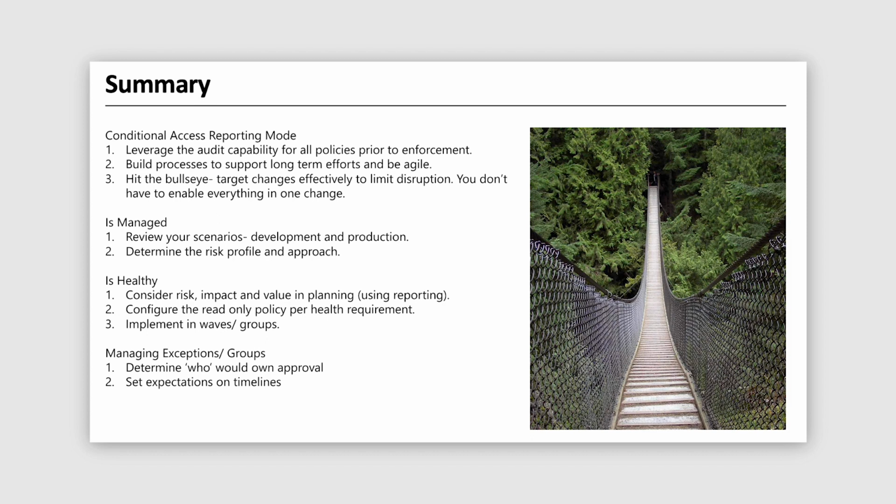When you're looking at is healthy, just a couple things. Look at the risk value of where you're going. We talked about configuring that read-only policy, but for each individual health policy that you're enabling, you need to use that read-only policy. For encryption, for example, put it on today. Go look at the encryption policy and see who's out there. Then grab the make and model and look at those by TPM and what they have supported to know if you're going to have a large hardware issue.